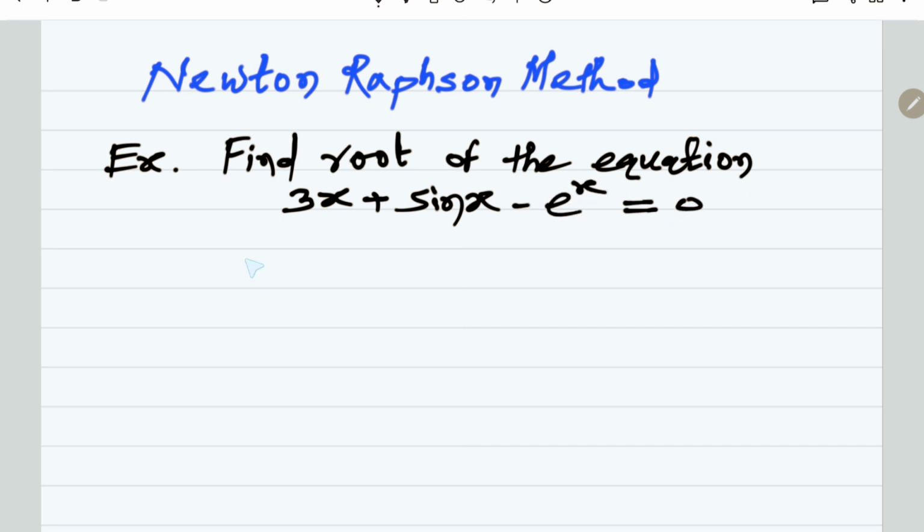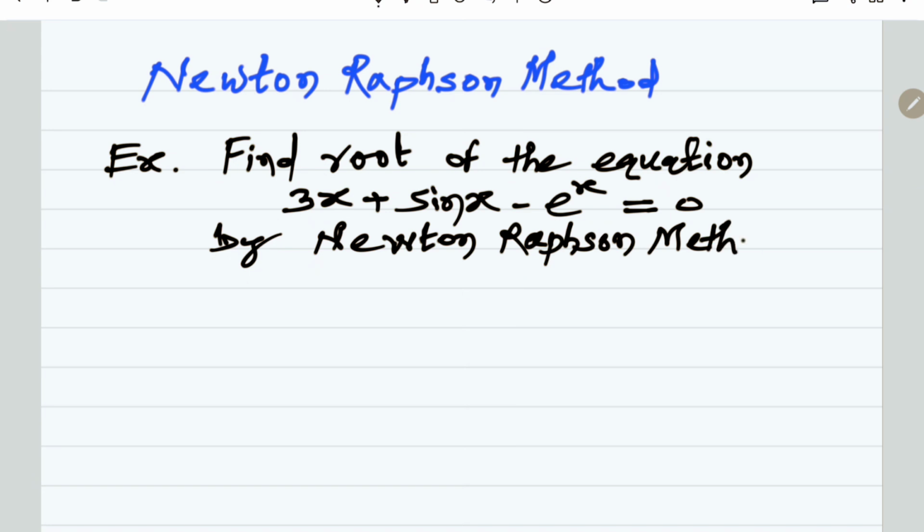We have to apply the formula x1 is equal to x0 minus f of x0 by f dash of x0. Therefore, we first consider f of x from the given equation as 3x plus sin x minus e raised to x, as equation number 1.